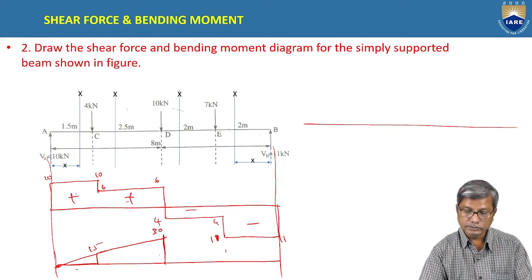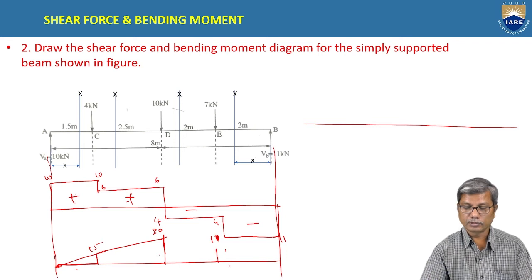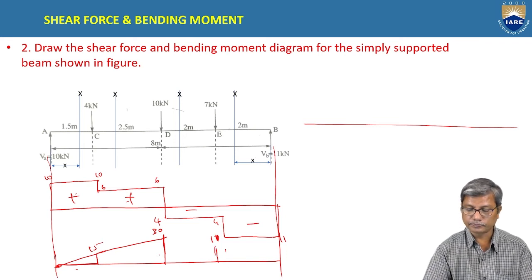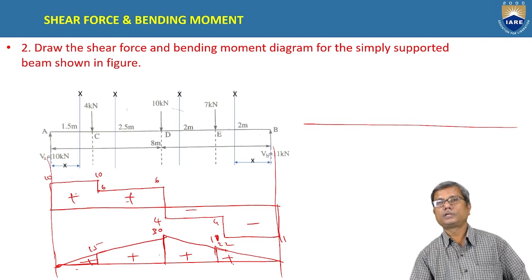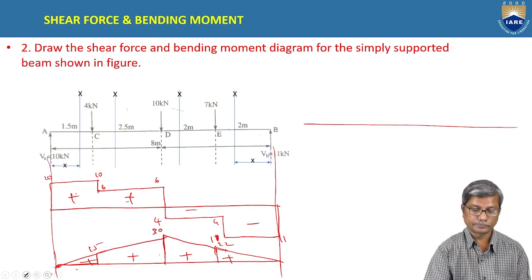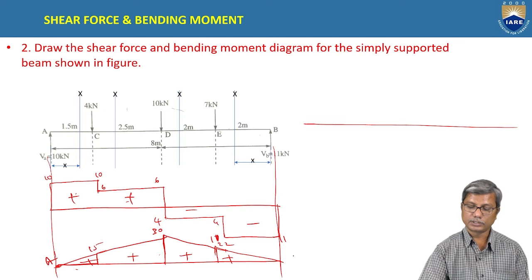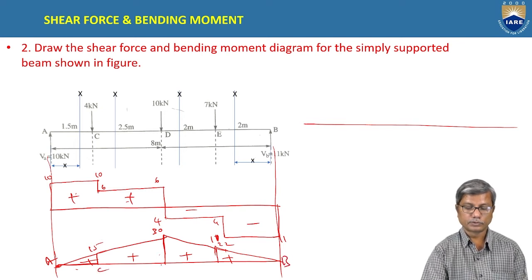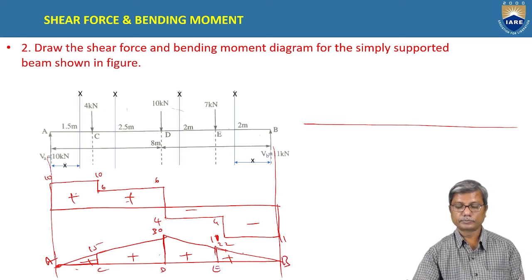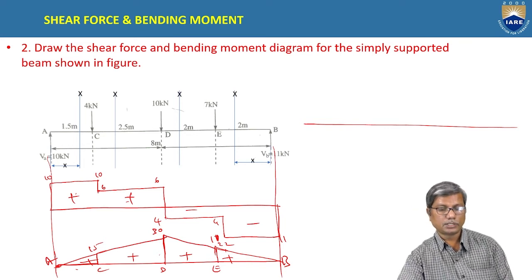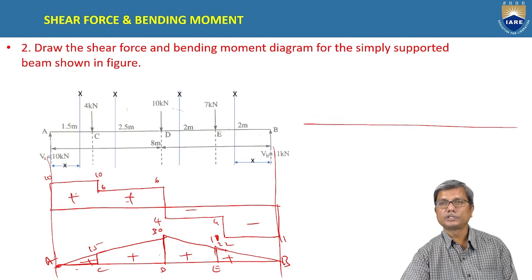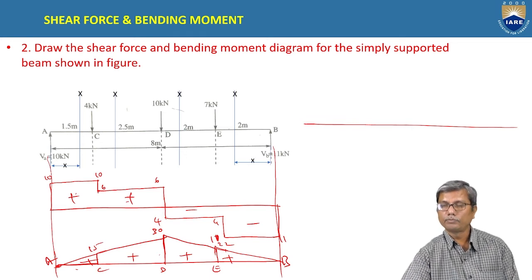And at E, bending moment is 22. And this is all positive bending moment. A, B, C, D. So this is the bending moment diagram and shear force diagram for the given simply supported beam with point loads.